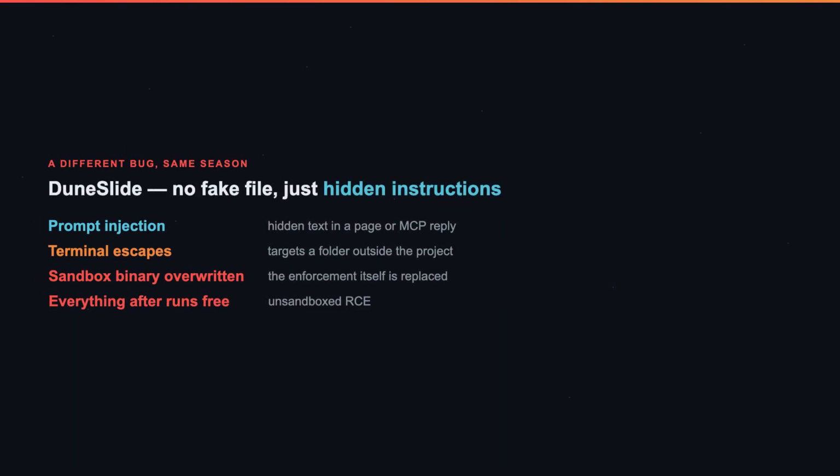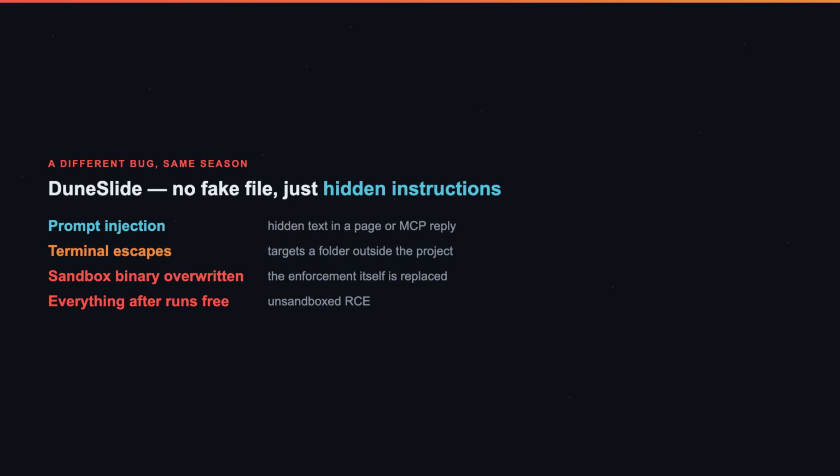Ghost approval wasn't the only sandbox story that month. A separate flaw in Cursor, called DuneSlide, worked completely differently. Instead of a fake config file, it used prompt injection, instructions hidden inside a web page or an MCP server response that the agent reads on your behalf.